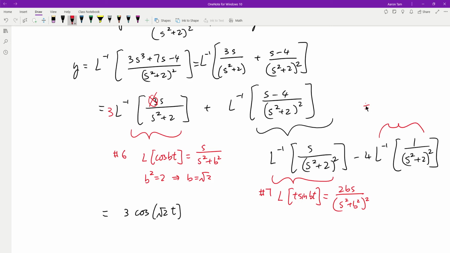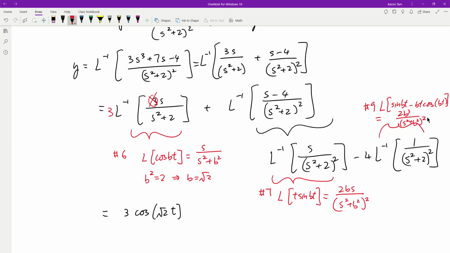We'll say the Laplace transform of sine bt minus bt cosine bt is equal to 2b to the third over (s squared plus b squared) squared.